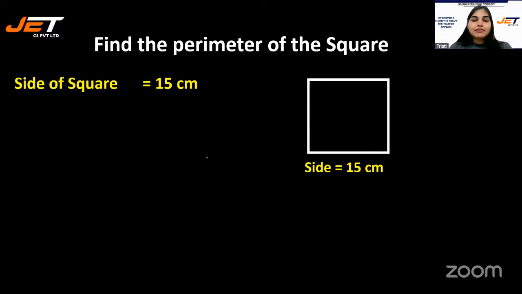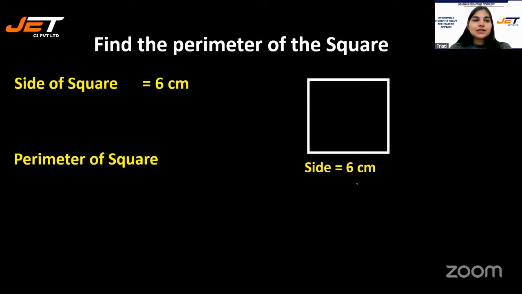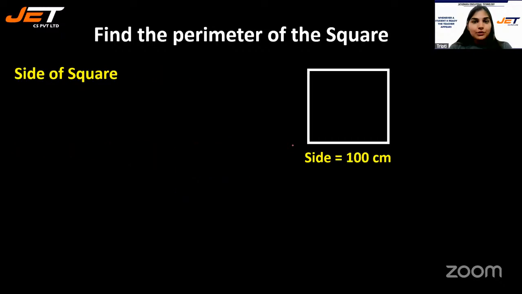And here, if you do 15 times 4 or 4 times 15, that is 60 centimeters. Next one, 6 centimeters. Find the perimeter. So 4 times 6, 24 centimeters is the perimeter of the square.